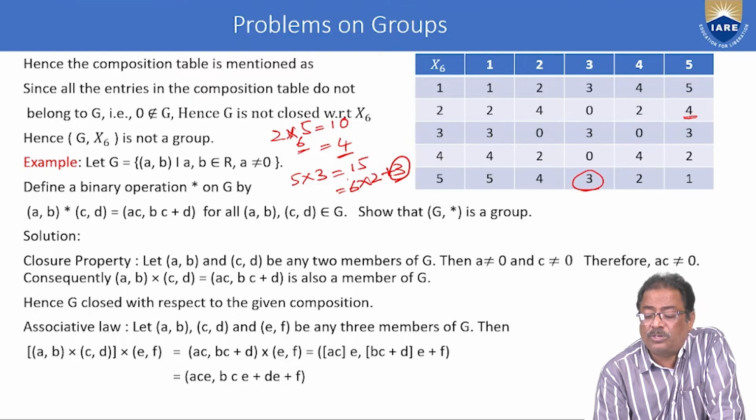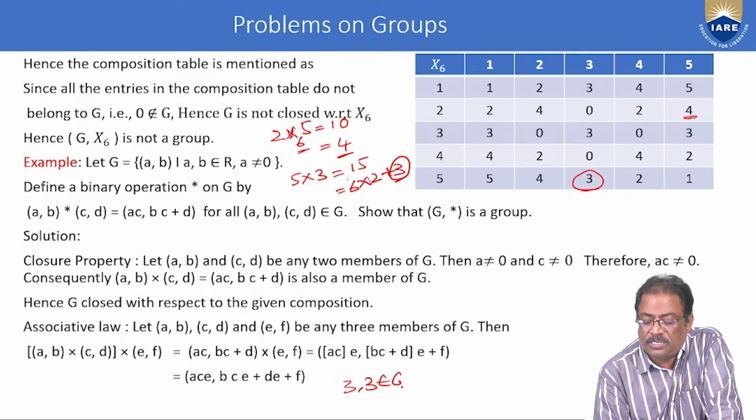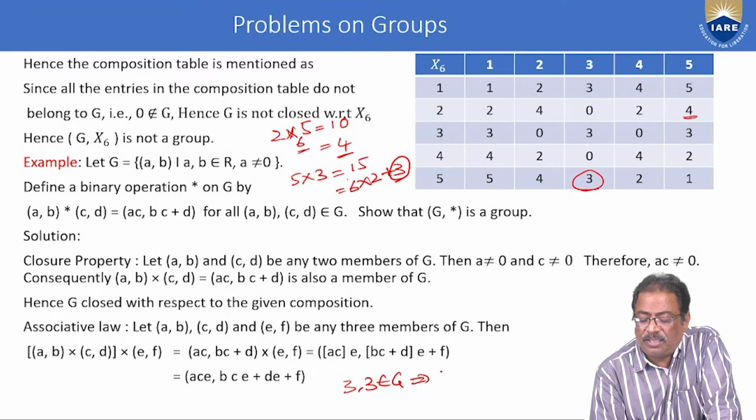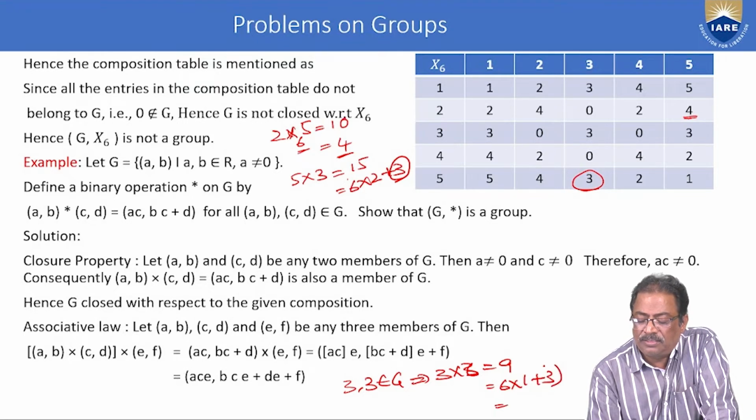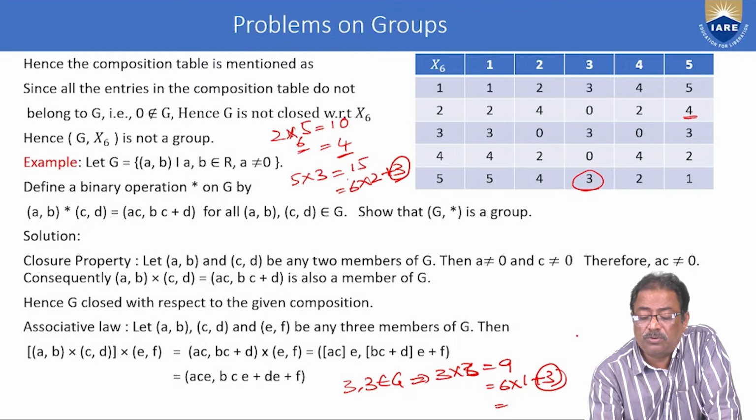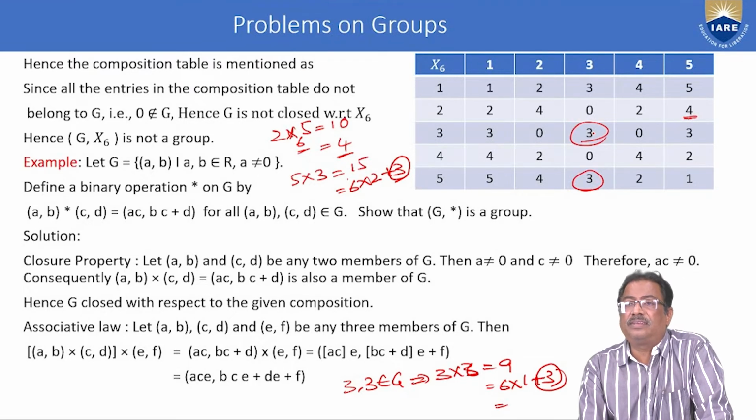Like that, if I consider any two numbers, say 3 and 3 belonging to G, 3 into 3 is 9. So 9 modulo 6, the remainder is, 6 into 1 plus 3, so I have to write 3. So 3 into 3 is 3.